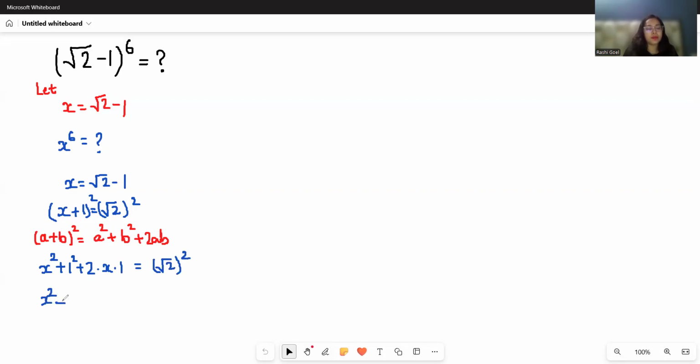So x square plus 1 plus 2x equals root 2 square, which is 2. Now x square equals, I can write 2, take this positive 2x to the other side and 1 also. So x square equals 1 minus 2x.